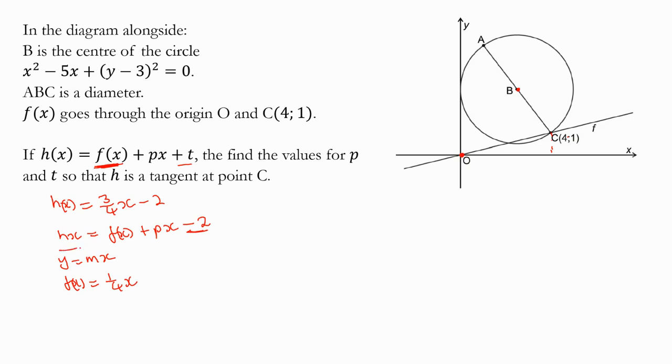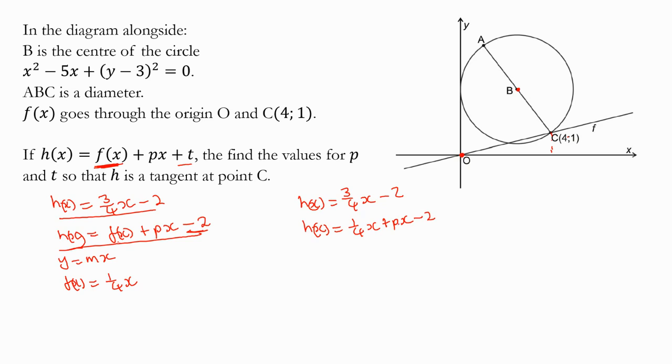Remember, this is h of x, and this is also h of x. So now where there's f of x, we put 1 over 4 x. The first one is h of x equals 3 over 4 x minus 2, and the other one is h of x equals 1 over 4 x plus px minus 2.